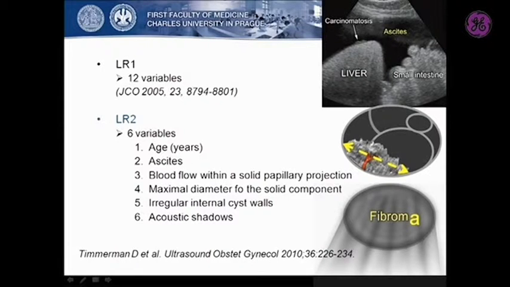Therefore, it is more useful for us in clinical practice. The first is a demographic variable, age, and then the presence or absence of ascites, the presence of blood flow within a solid papillary projection, the maximal diameter of the solid component, the presence of the internal irregular wall, and the presence or absence of acoustic shadows.